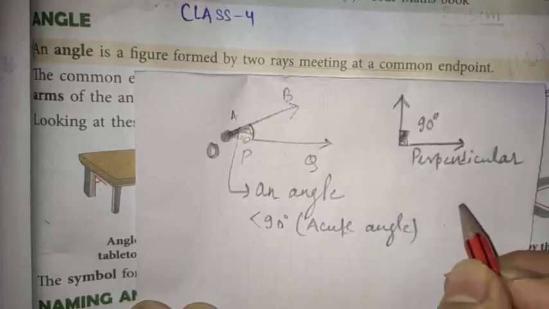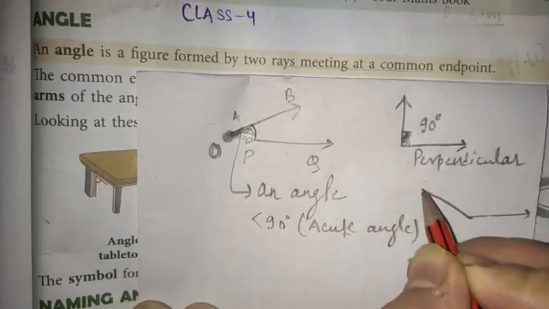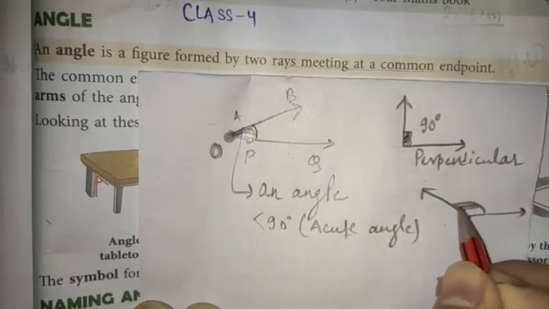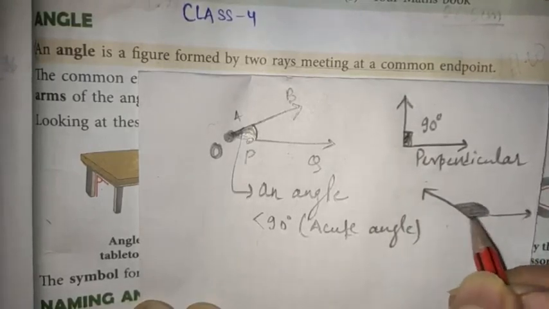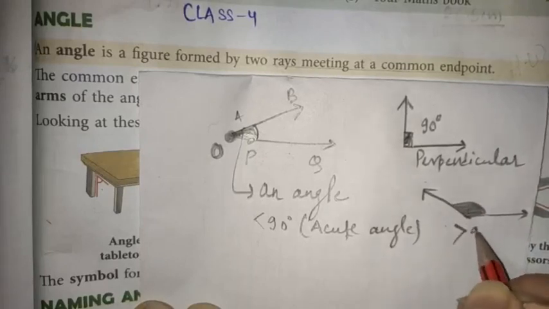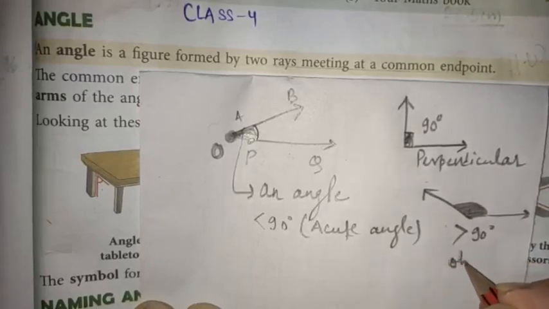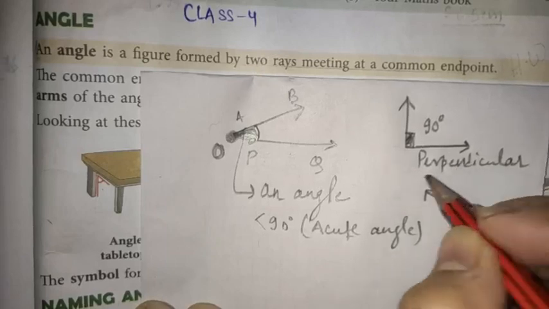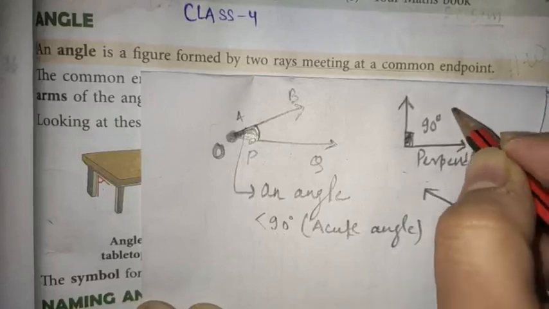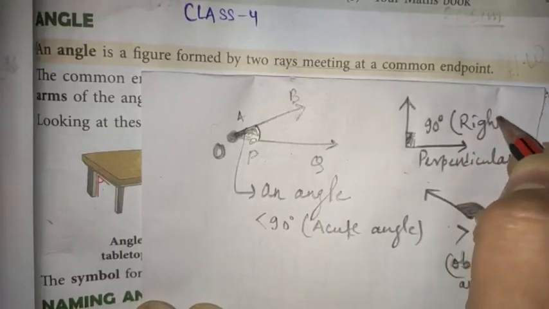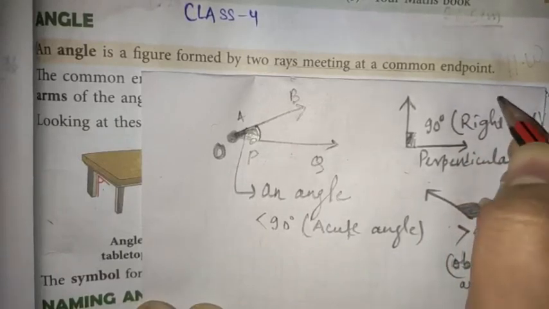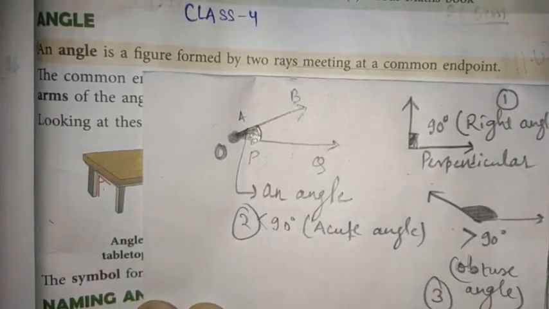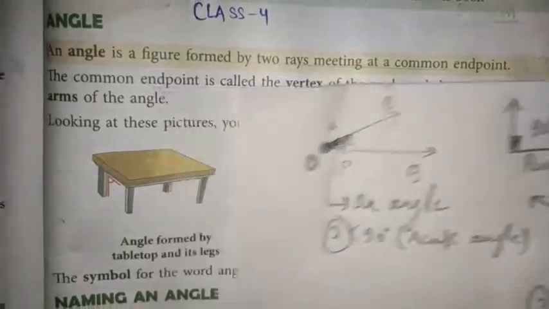If two rays meet and form an angle greater than 90 degrees, we consider it an obtuse angle. If it is perpendicular or 90 degrees, then it is a right angle. So there are three types of angle. This is the basic idea of an angle.